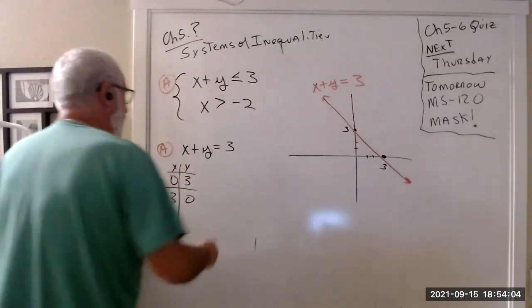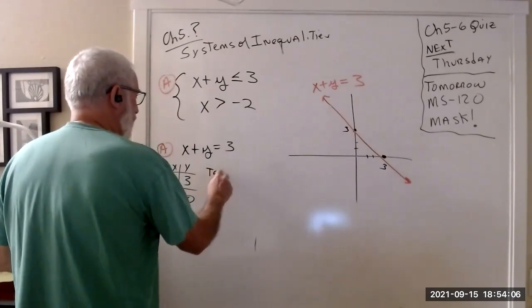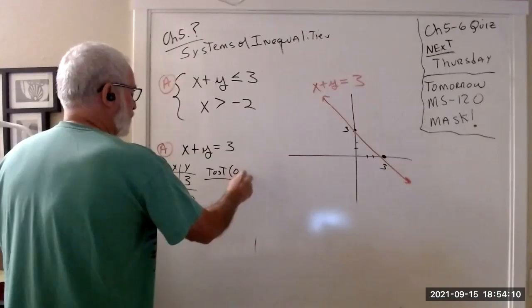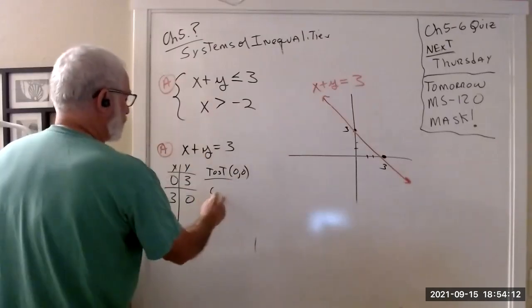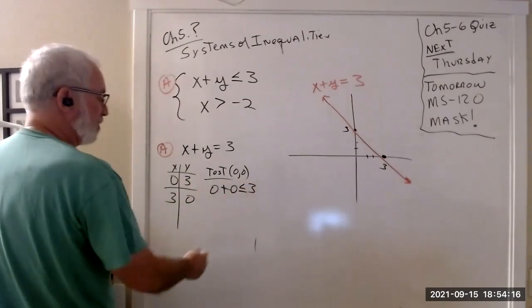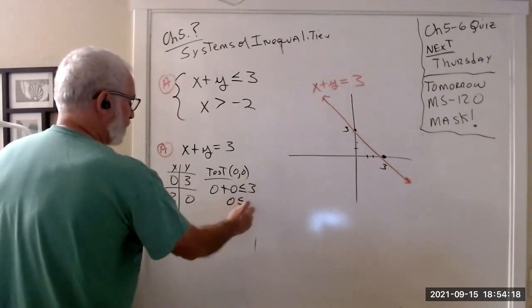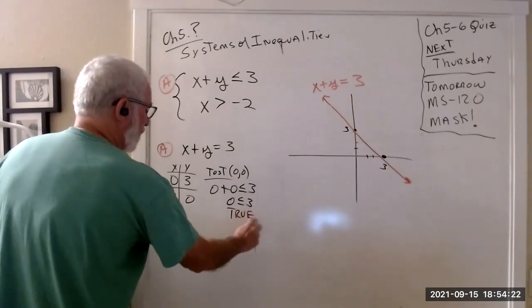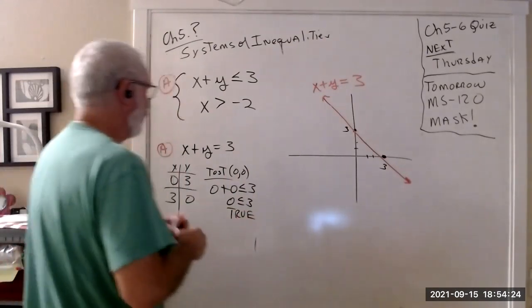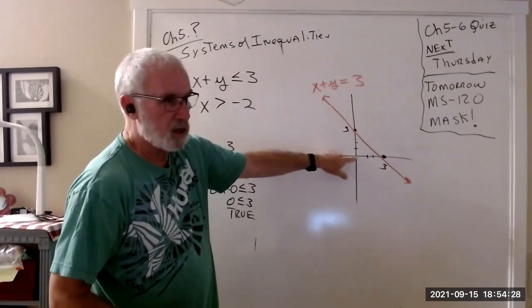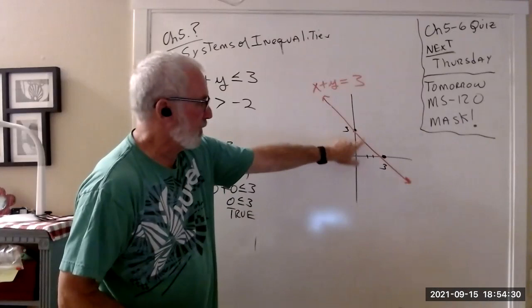Now, again, I'm real big on the dumb test point. Some of you figured out how to avoid it. Well, again, we're going to test 0, 0. So we go 0 plus 0 is less than or equal to 3. This time I got it right. So 0 is less than 3. It was true. So my test point relative to the red line, there's the red line.